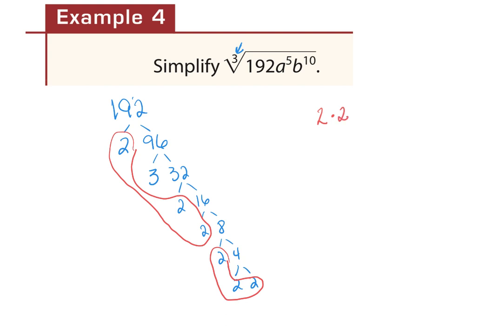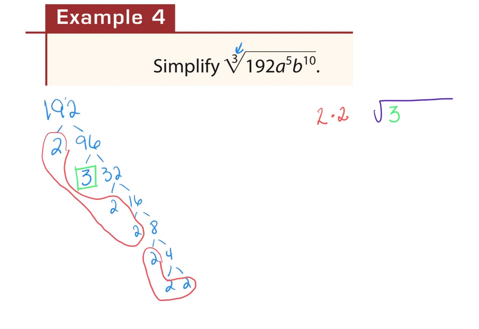And then I have a 3 that does not have a group of 3s. So that means the 3 is going to stay inside my radical. So inside my radical, I am going to have a 3. All right? And then I'm going to look at my variables.